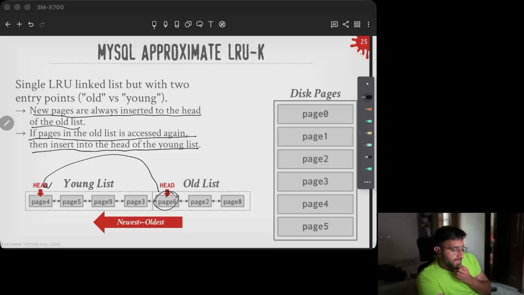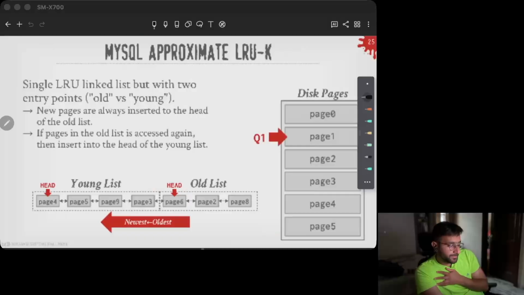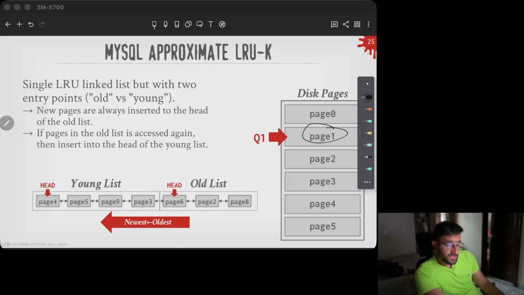The eventual goal is that you will maintain some ordering as to when this page was used and how frequently it was being used. So let's say we have this particular structure here, and some query comes along and wants to access page one. The page one is not there.